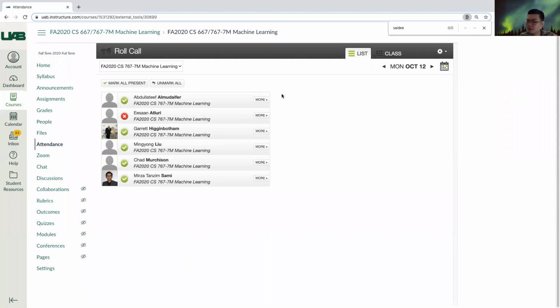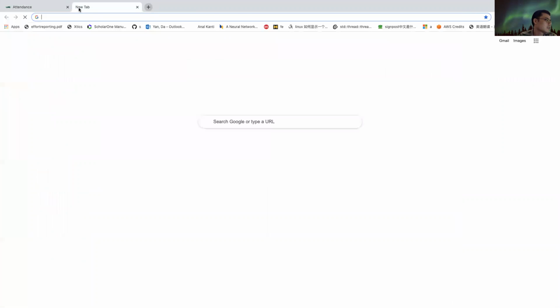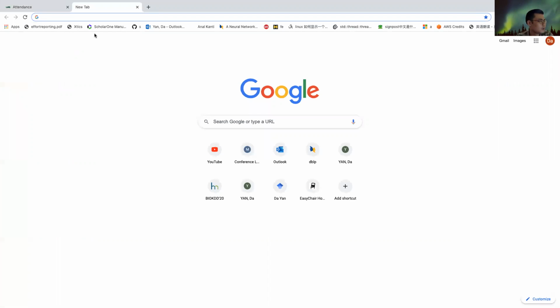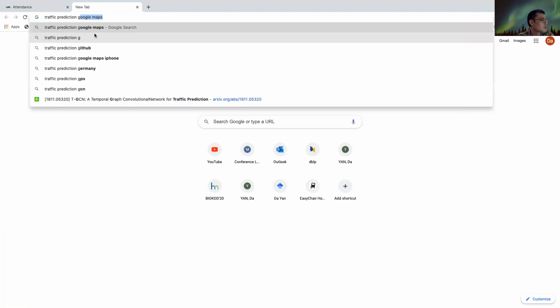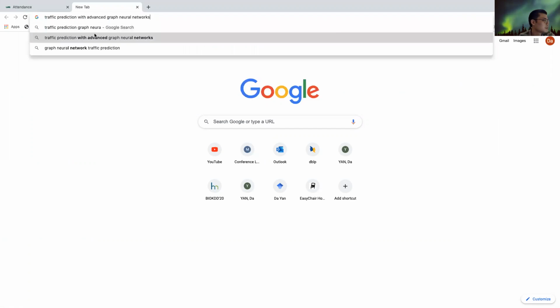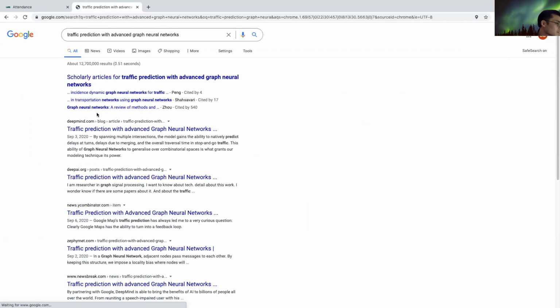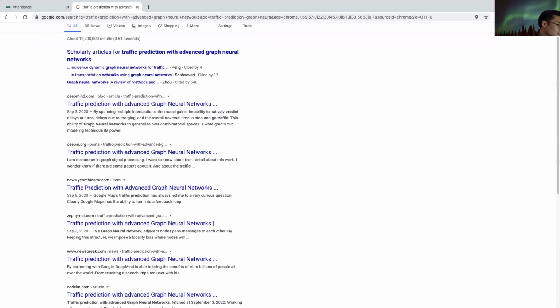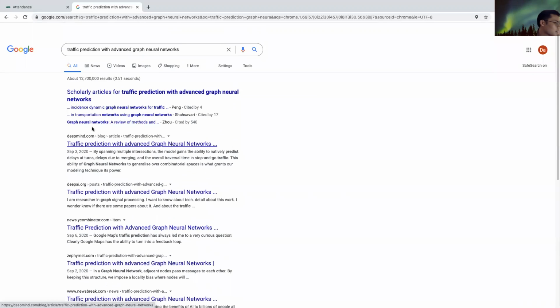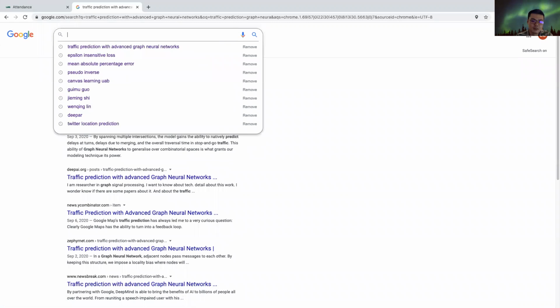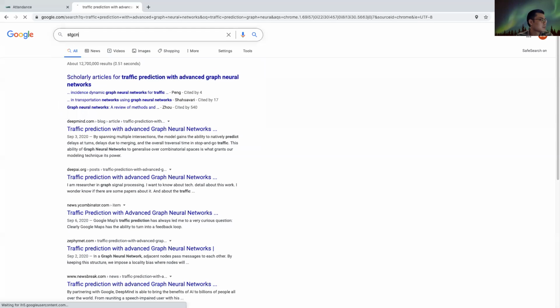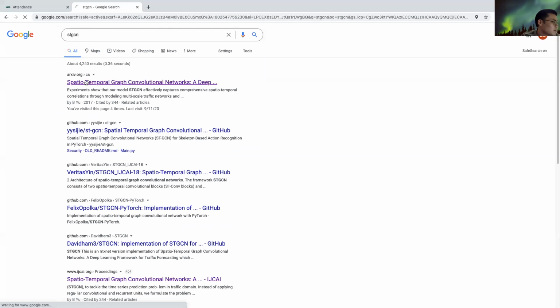Let me see what's the time now. For example, let's look at a particular paper, something like traffic prediction, a spatial temporal graph paper.